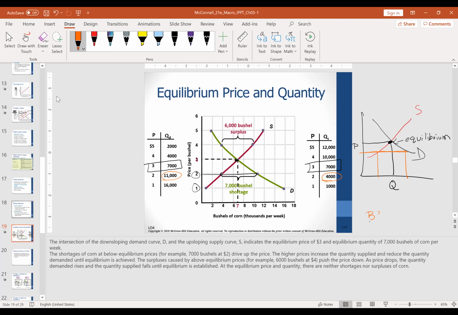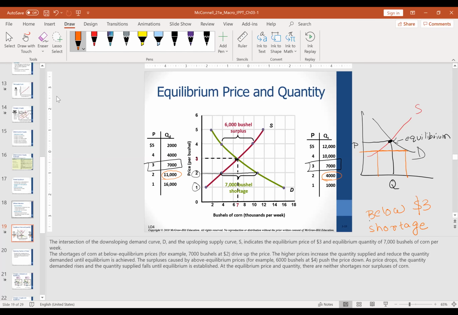Below $3, the equilibrium price, we will have a shortage, and above the equilibrium price, quantity supplied is greater than quantity demanded, so anything above $3, we will have a surplus.